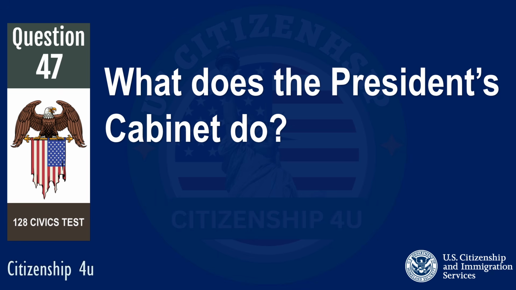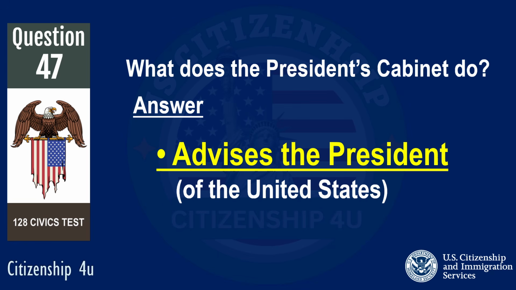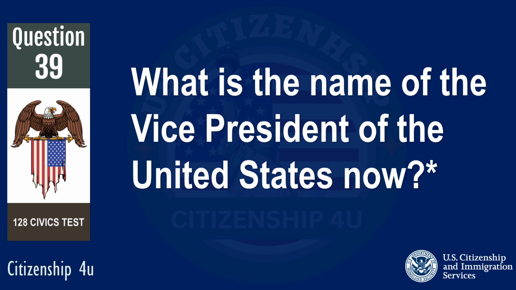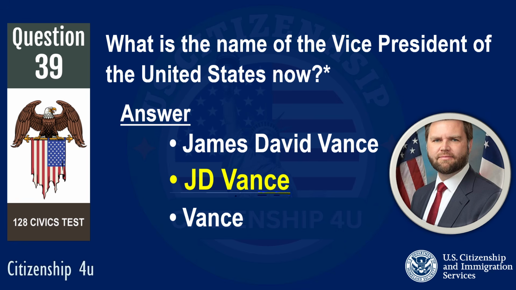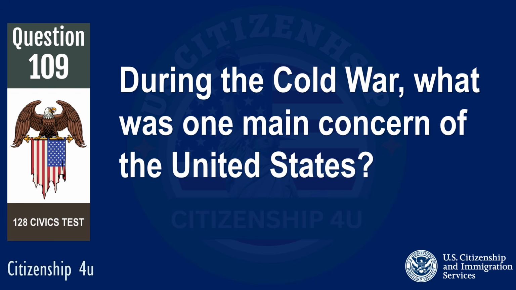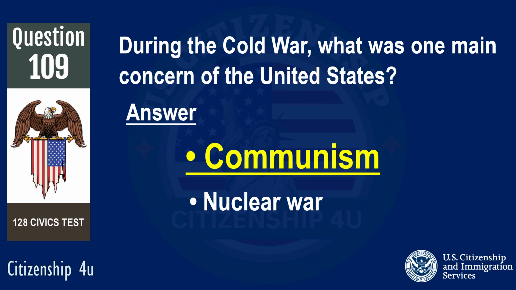It advises the President. What is the name of the Vice President of the United States now? J.D. Vance. During the Cold War, what was one main concern of the United States? Communism.